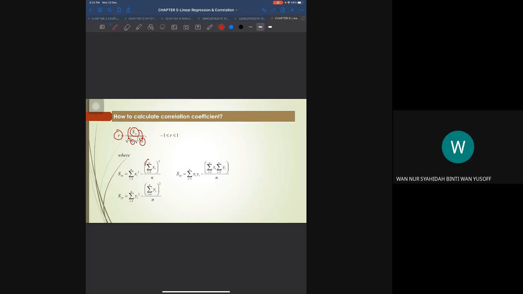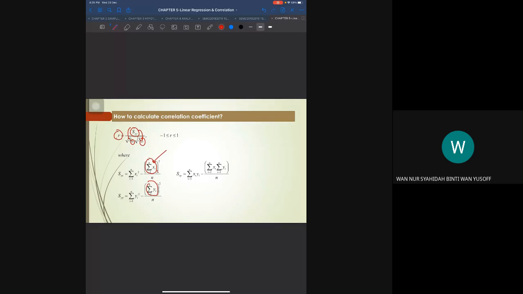We have the sum of x, we have the sum of y. So if an outlier exists, it will influence the sum of values here. So that's why R is easily affected by the outlier, because the formula is about summation of values. That's how the outlier affects the R.